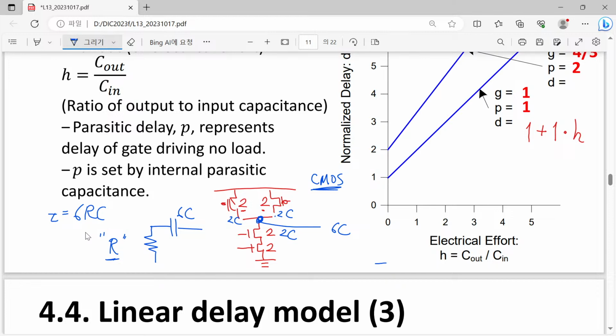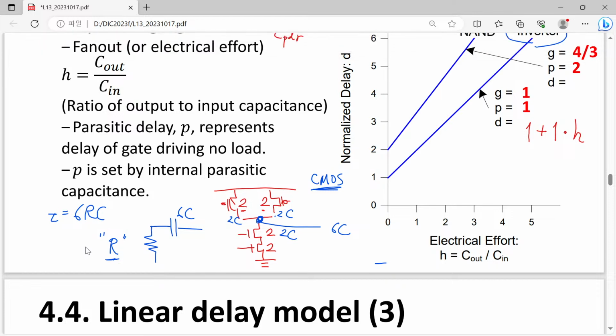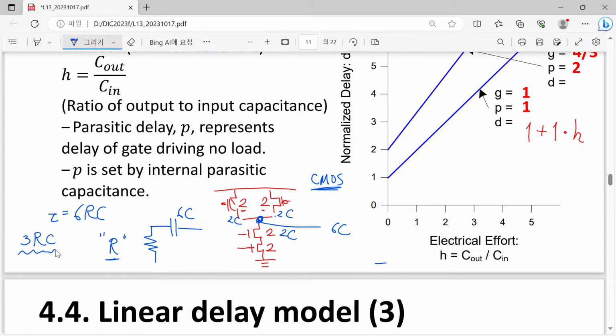However, the normalization is done by what? Normalization is done by our unit inverter's tau, which is given by 3 times RC. So D, which originates from its own diffusion capacitance, will be just the number 2.